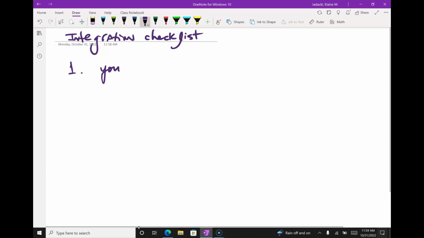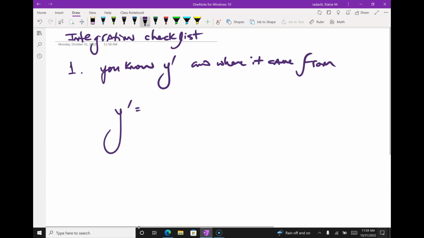You know y prime, right? So you recognize y prime, and you instantly know where it came from, right? So for example, y prime is 1 over 2 square roots of x.